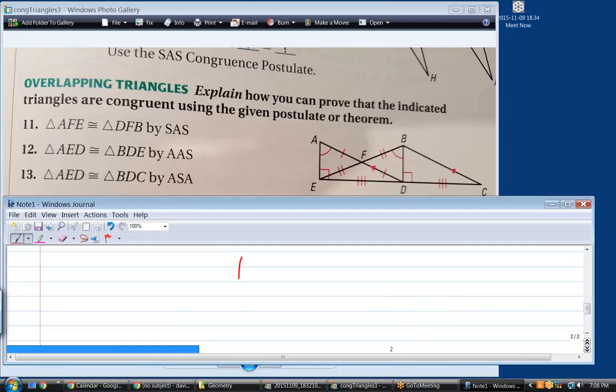In other words, here's the triangle ADE, and here's the triangle BCD, or BD, whatever. But the fact that that's parallel to that makes this line right here a transversal. Also, that line a transversal.